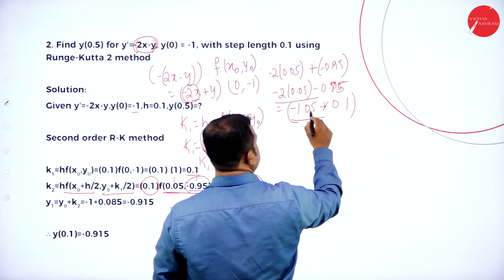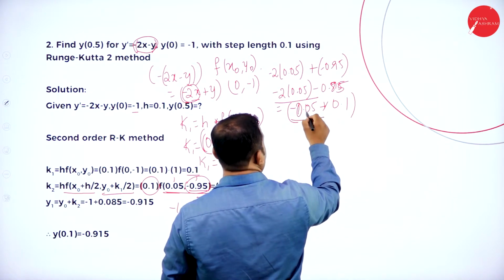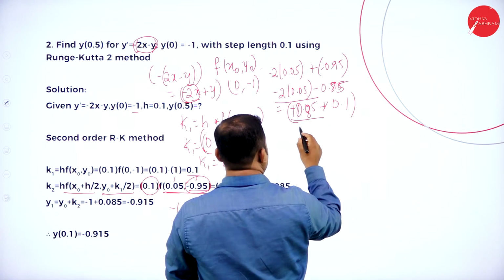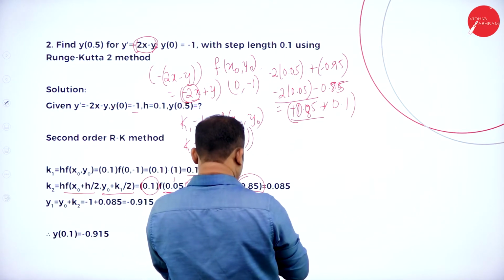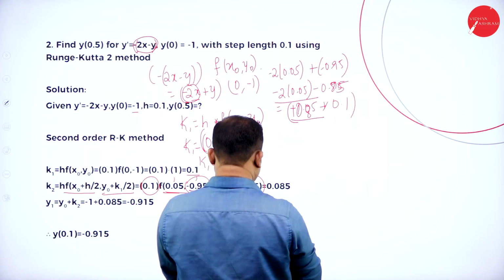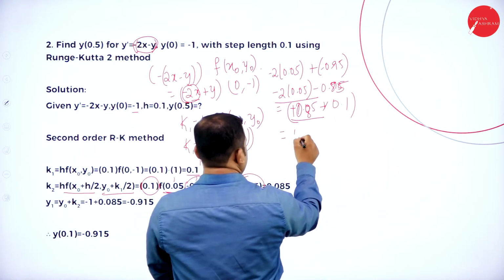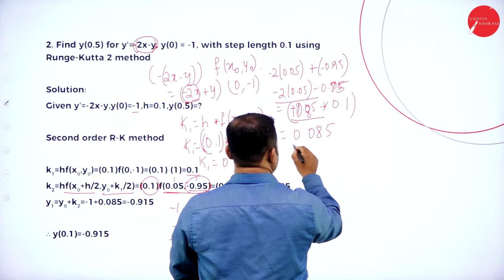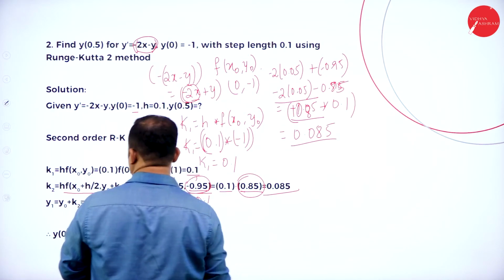So this term into this, that leads to 0.85. That is 0.585 into 0.1 into 0.1. That leads to the value which is equal to 0.085. That is the value. So, we have found the value of k2.